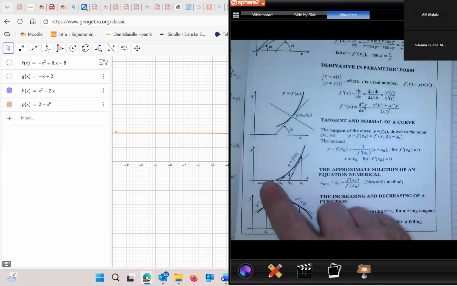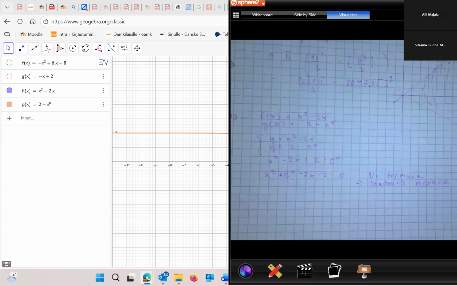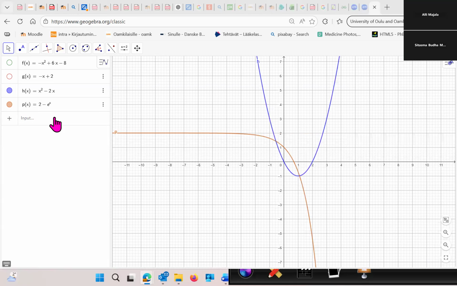So we have some kind of a curve. So the curve here would be now x squared plus e to the power of x minus 2x minus 2.